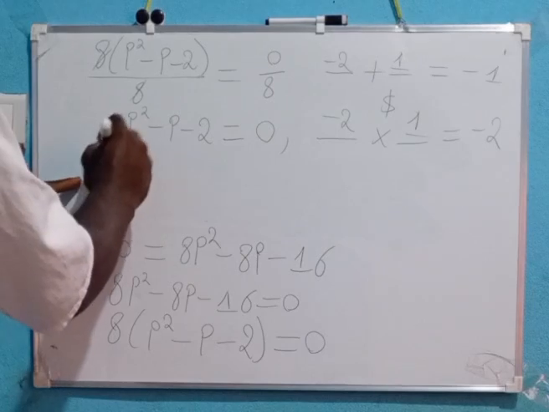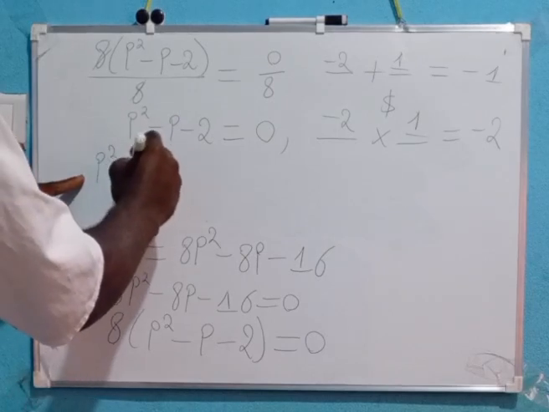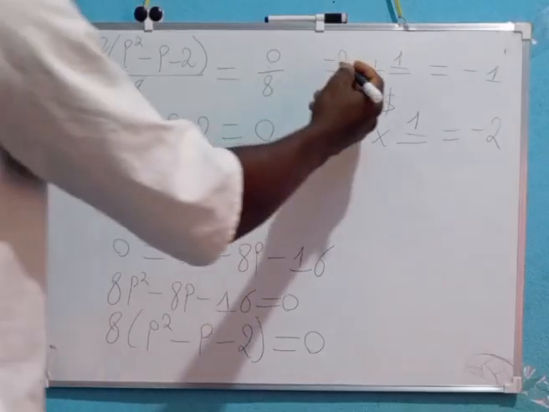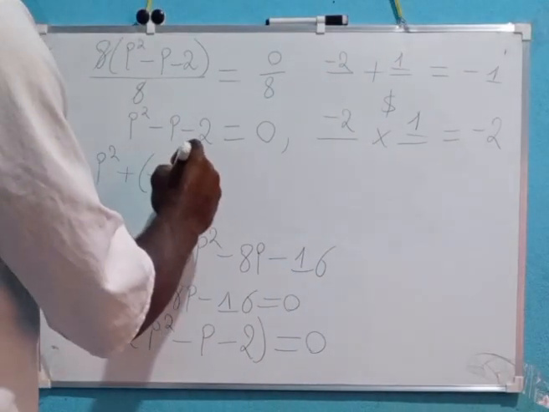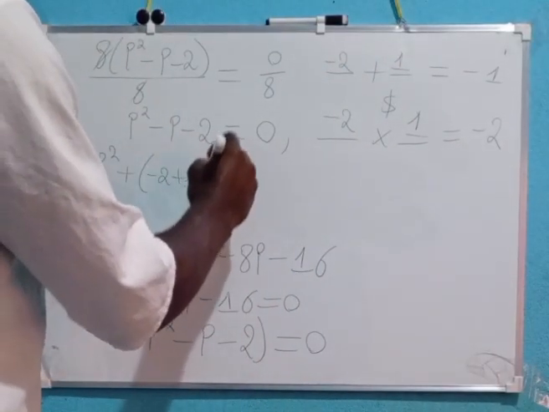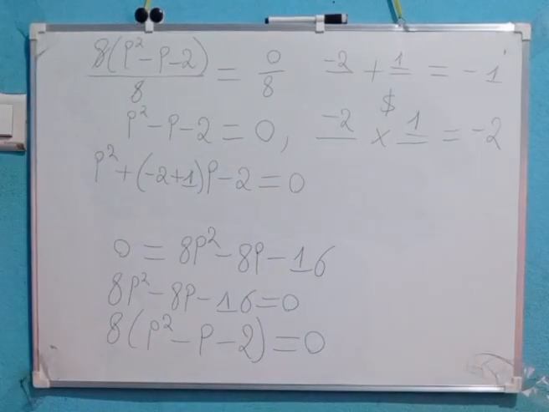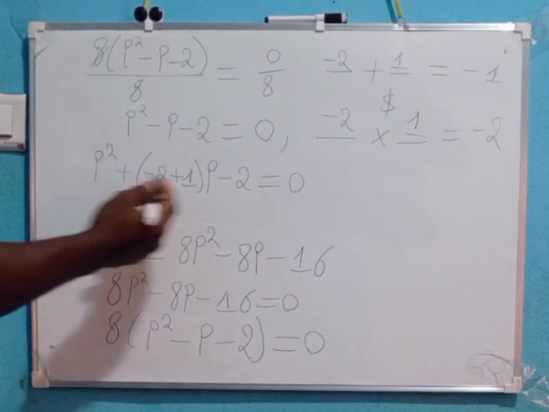This will give us p squared plus the coefficient of p, which is negative 1. We are going to replace it with this sum. Negative 2 plus 1 times p minus 2 is equal to 0. Next step, we are going to expand this bracket.